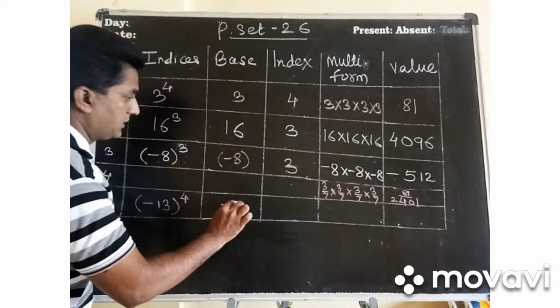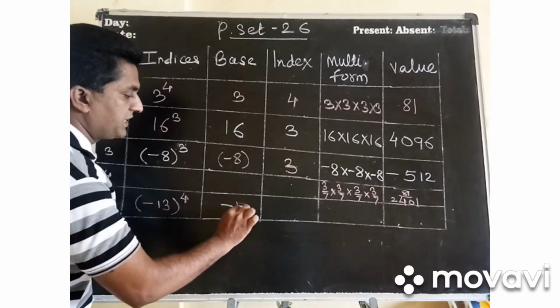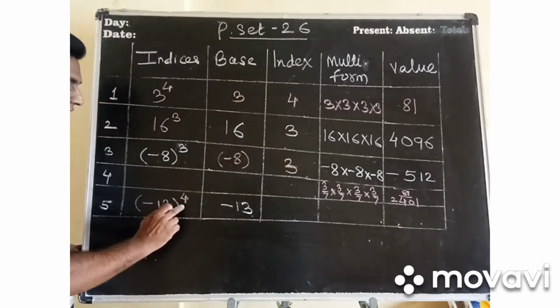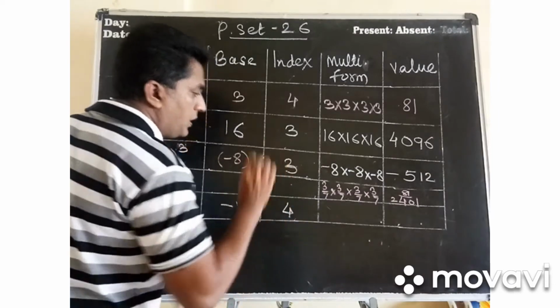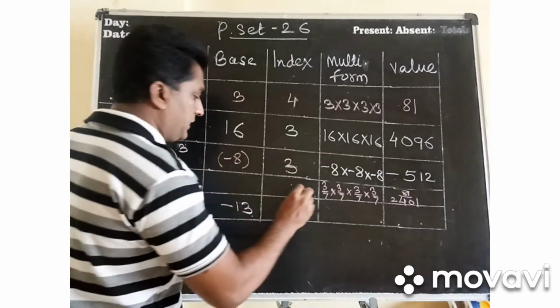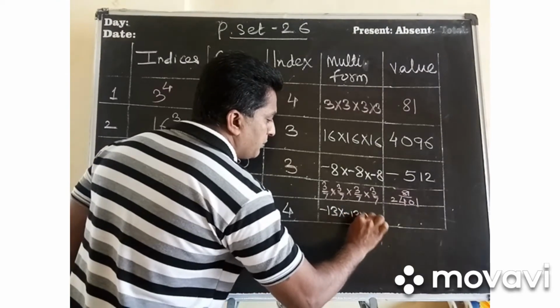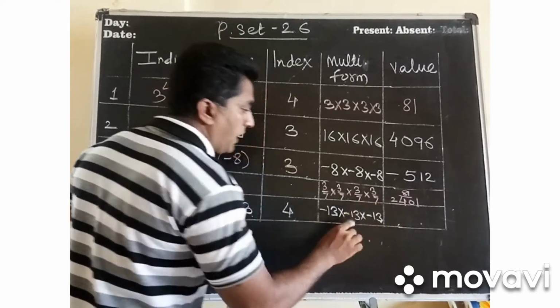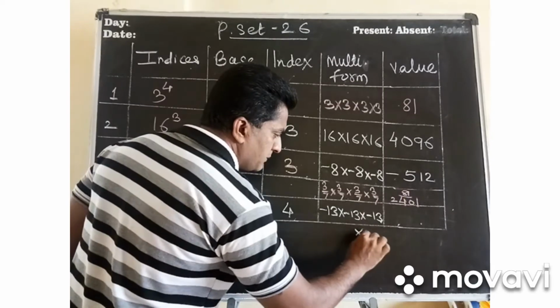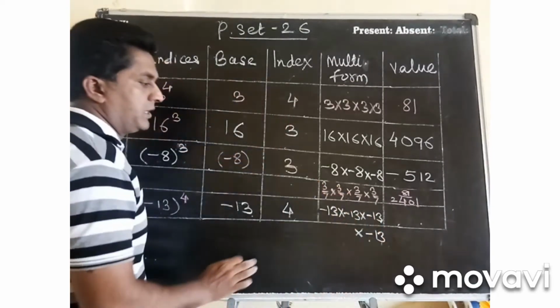Right, everybody? And finally, in indices form, negative 13 is the base. So let me write here negative 13. After then, what is the index? The index is 4. In multiplicative form, you are going to write down negative 13 multiplied by negative 13 multiplied by negative 13. I don't have space, so here I am writing negative 13.